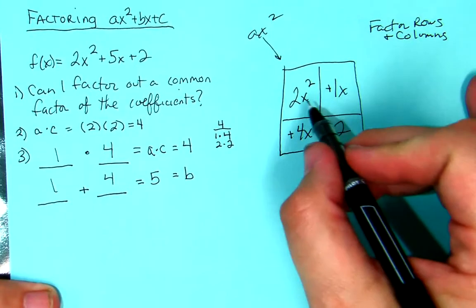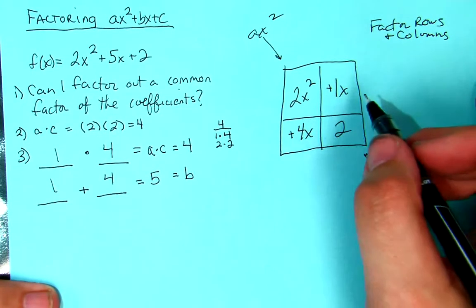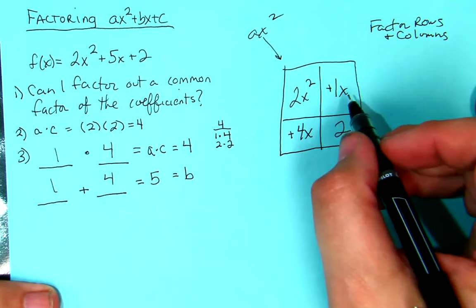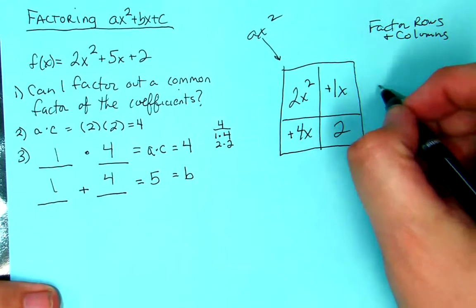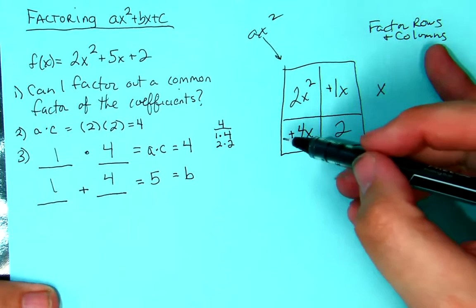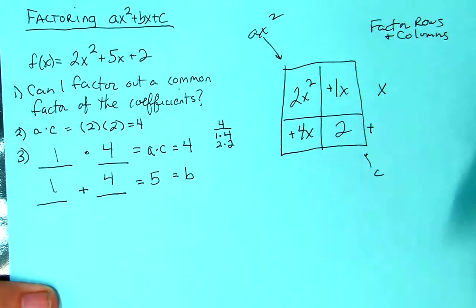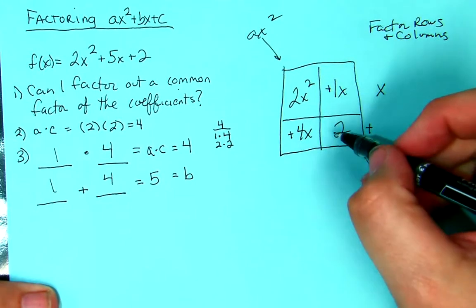Now, in the top row, I look at the numbers. Can I factor out a common factor for a 2 and a 1? The only number is a 1. I have an x squared and an x, so I can factor out a common factor of x. Now in the second row, since this first box is positive, this is going to be positive. I have a 4 and a 2.